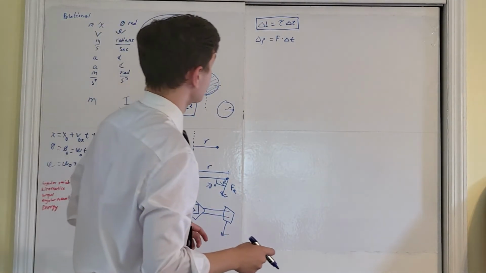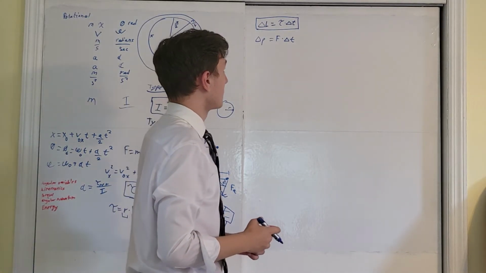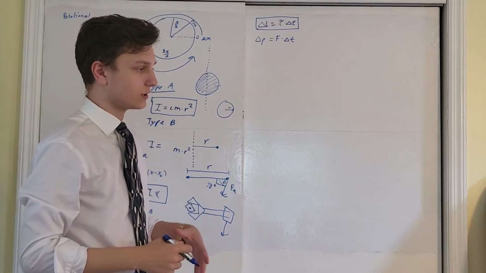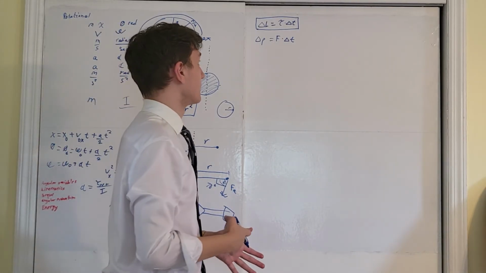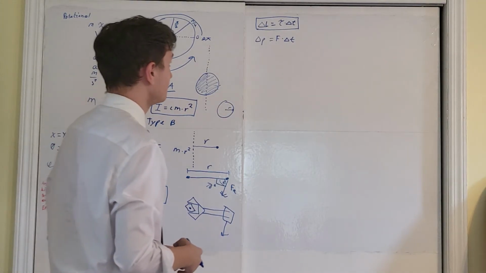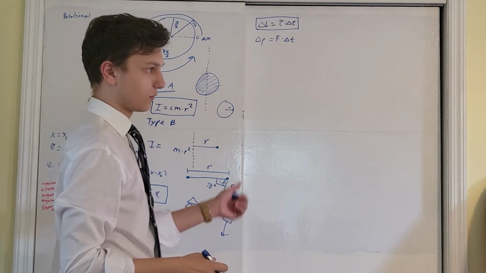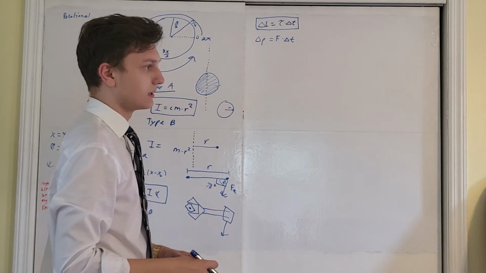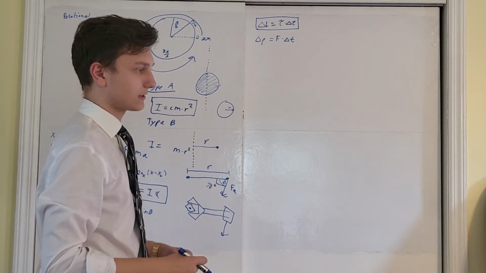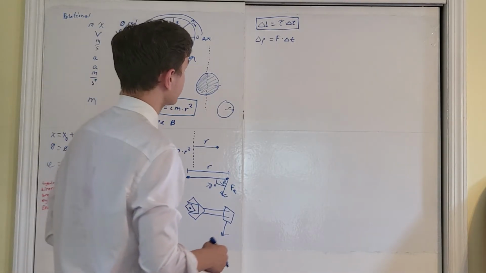Effectively stating that the increase or decrease in angular momentum is equivalent to the torque applied to the rotating body times time. Now, just like linear momentum, angular momentum is a vector. It can be clockwise or counterclockwise. Torque is a vector. It can be clockwise or counterclockwise.